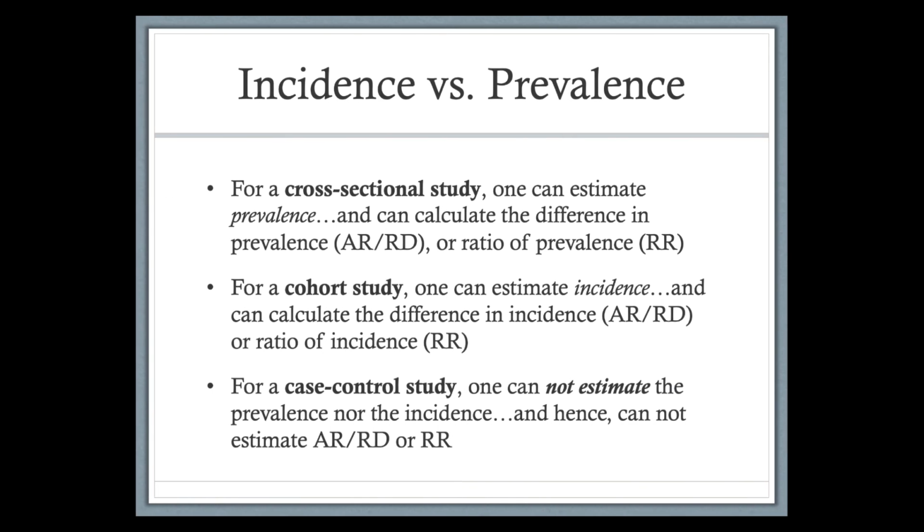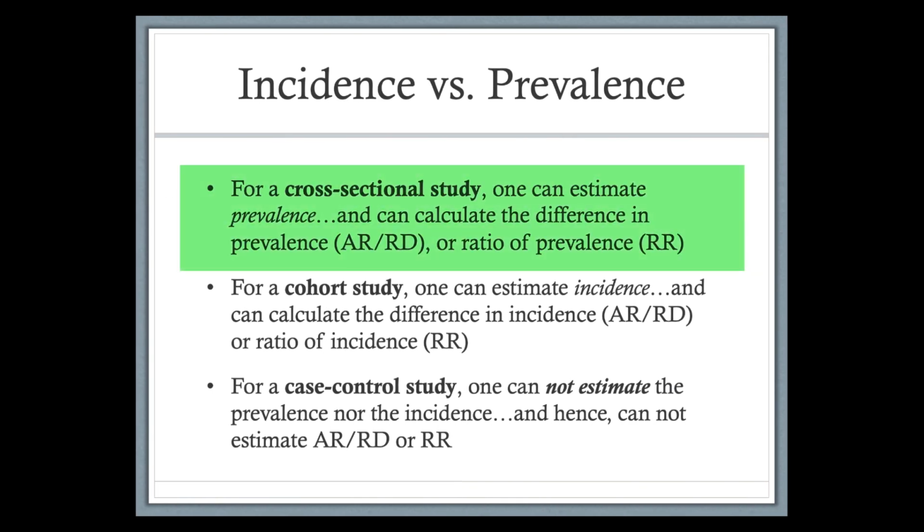Okay, so one thing to remember, for a cross-sectional study, right, this is where we take a survey of individuals at a point in time, we can estimate the prevalence, right? If we give people a survey and ask them, do you have some condition, yes or no, right? We can estimate what proportion or what percentage of the population has that disease. That would tell us the prevalence. Okay.